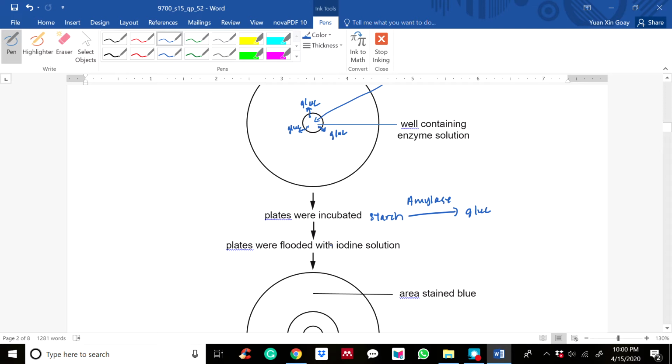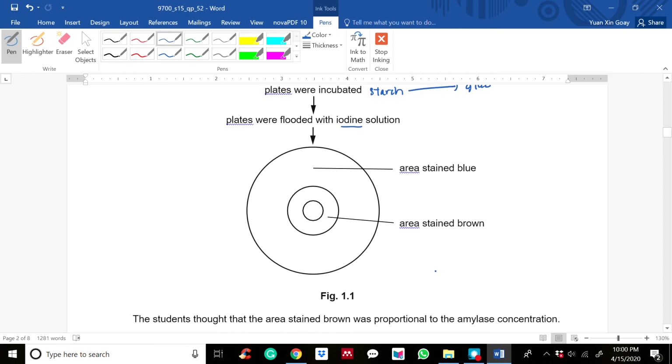After incubations, the plates were flooded with iodine solutions. Iodine is yellowish brown in color. But if there is presence of starch, it will change to blue-black in color. After the plates were flooded in iodine solutions, you can see two colors on the plate. This is the area that is stained in blue. And this is the area that is stained in brown.